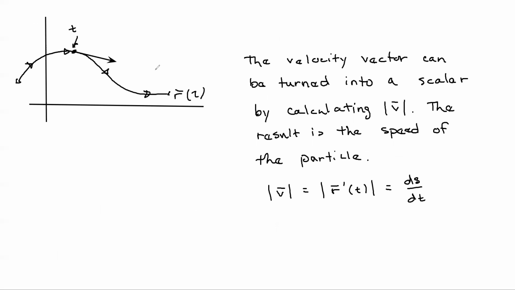Okay, and so that's the velocity vector altogether. It tells you how the particle is moving at a particular time. It also can tell you how fast the particle is moving at a particular time. It can be broken up into components, and so you can see how much the particle is changing in the y direction and how much in the x direction.